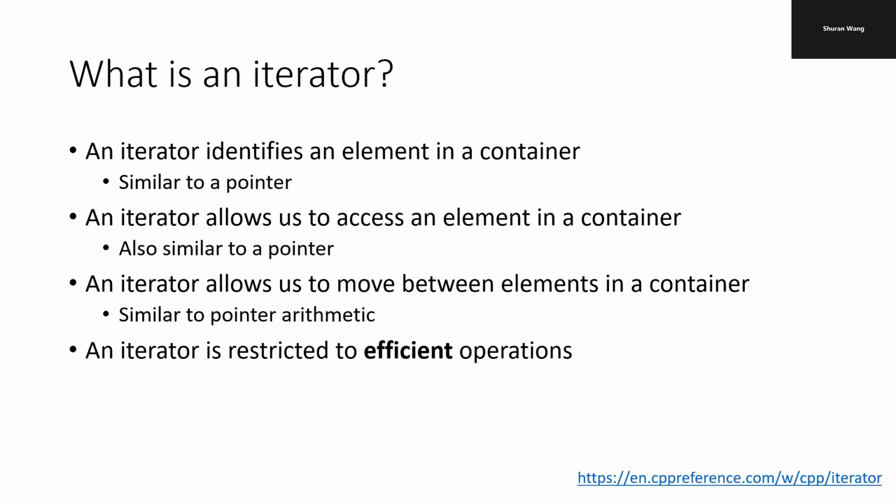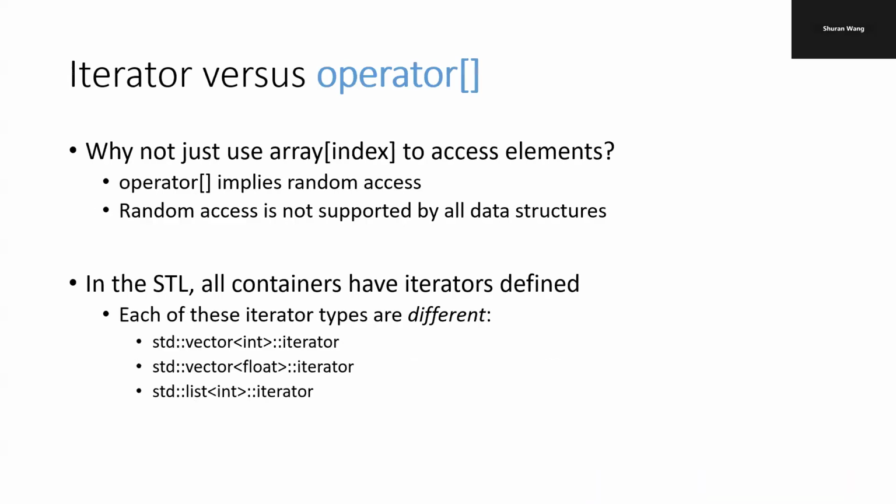You might not see it coming from the vector class that we discussed last time because vector is already really efficient in accesses, but we'll be talking about more containers later. The iterator only defines operations that are efficient for the specific container that we're talking about.